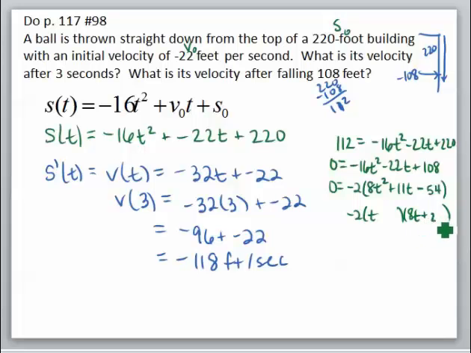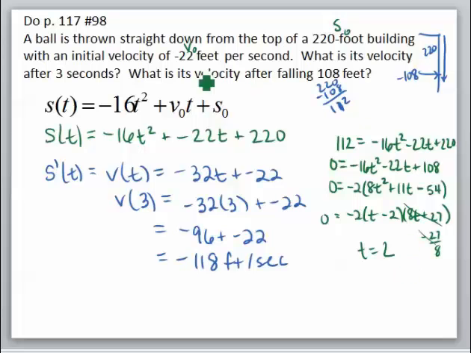We have 27 and negative 2. This gives me a negative 16 and a positive 27, so it does factor. And so this time isn't going to apply because you get negative 27 over 8, so you can't have negative time. This is the one that applies, when t is 2.